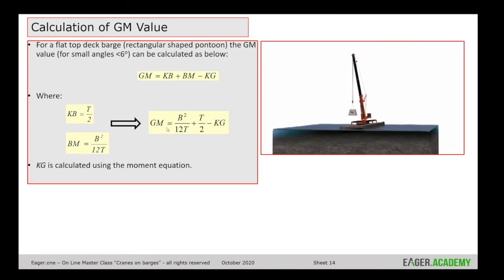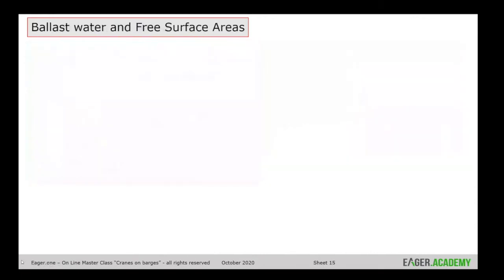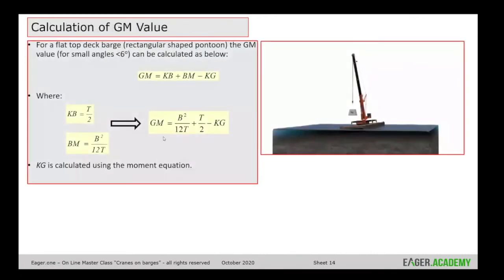So the GM can now be calculated, which is great because you have a very simple formula, which can be used to at least get an idea of the GM. And as said before, the GM is an indication of the initial stability of the barge, of the ship.